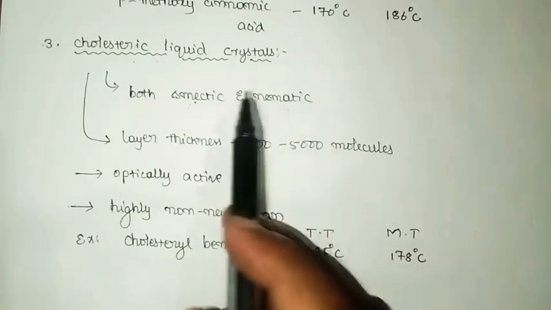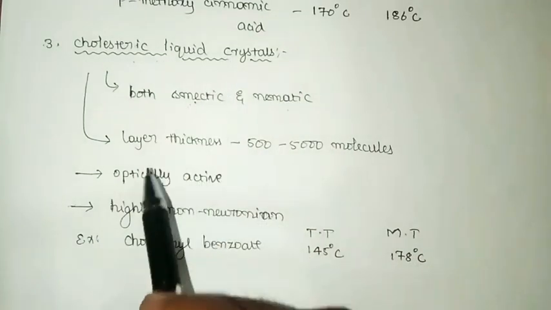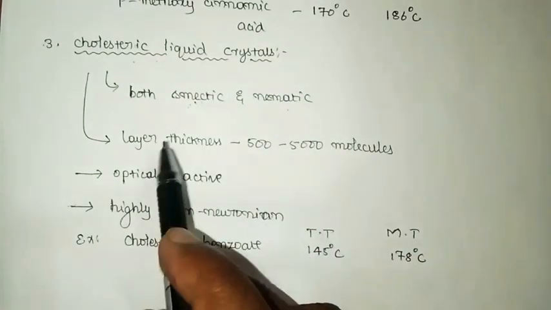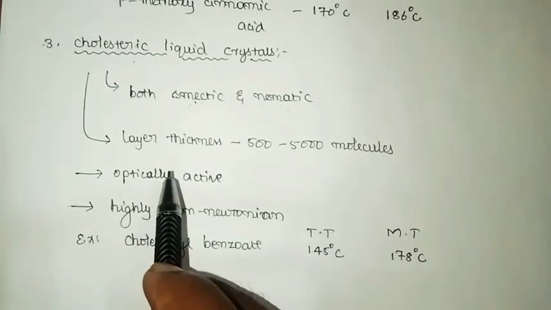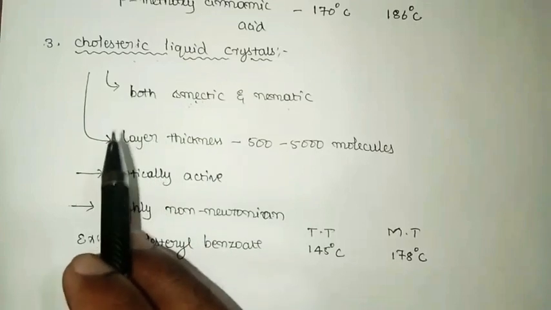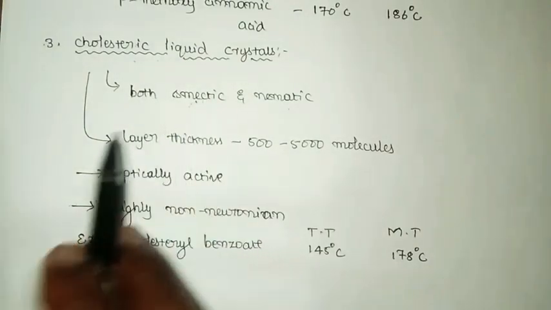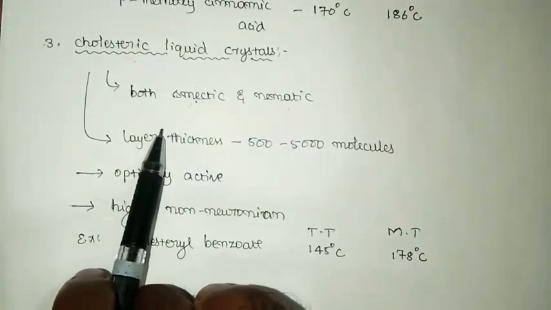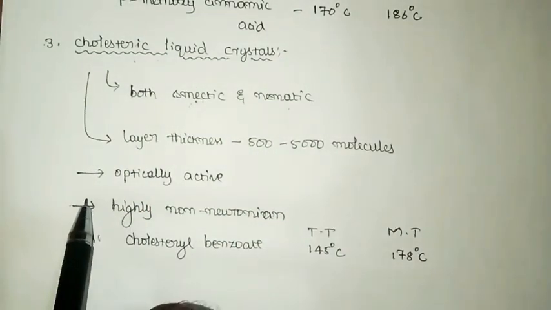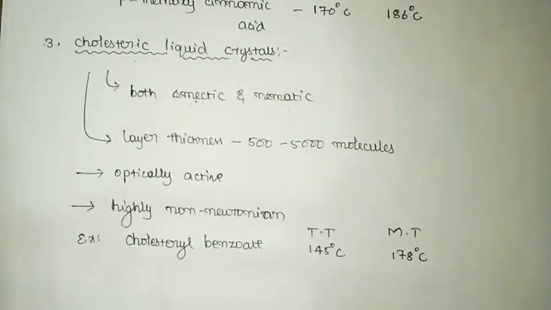I mean to say, the laser of these cholesteric liquid crystals will be used as an optic fiber based temperature sensor. In temperature sensors, especially optic based ones, these cholesteric liquid crystals are used in the form of lasers. And that's about thermotropic liquid crystals.